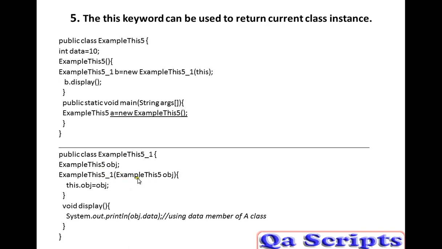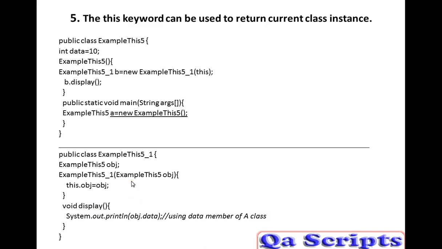Here I am passing Example_this_5 obj, that is the object declaration, as a parameter. Then I say this.obj equals obj, and inside the method display I am trying to display the object's class data.